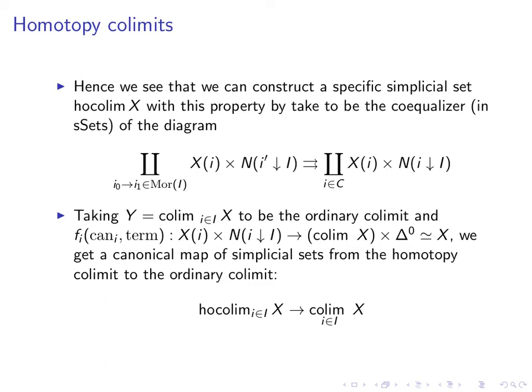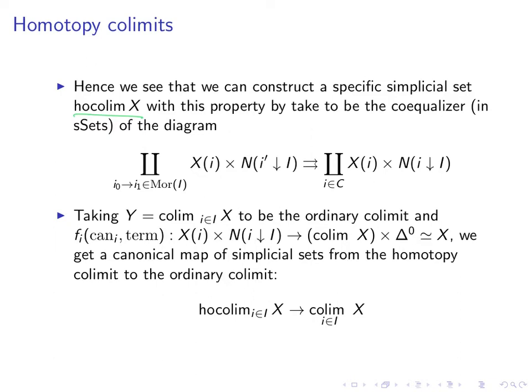Okay, so hence we see that to construct a specific simplicial set that models this homotopy colimit is to take the coequalizer of this map of simplicial sets. This is just like how you can think of the ordinary colimit of sets: you take their union and then mod out by some commutativity conditions.